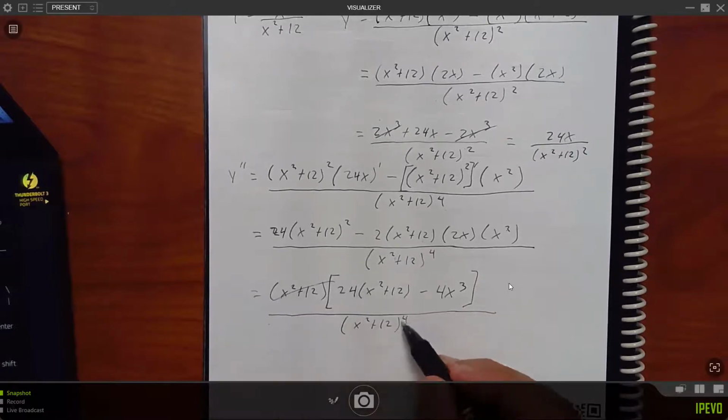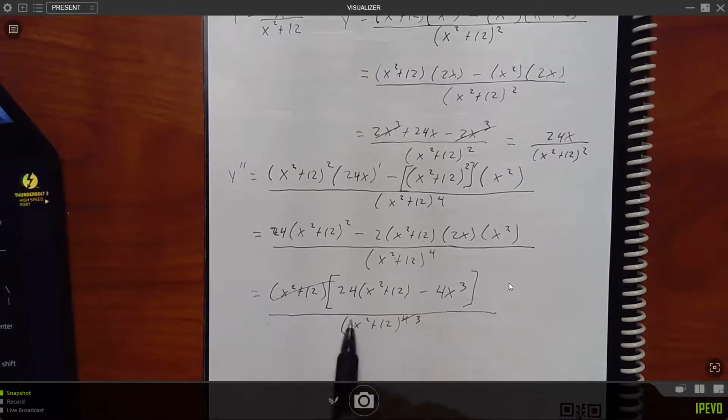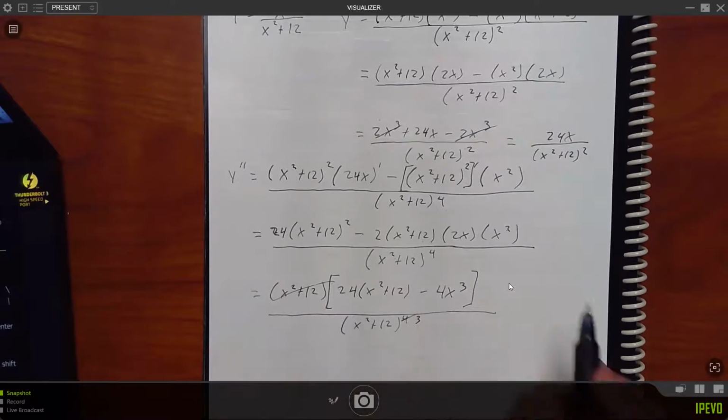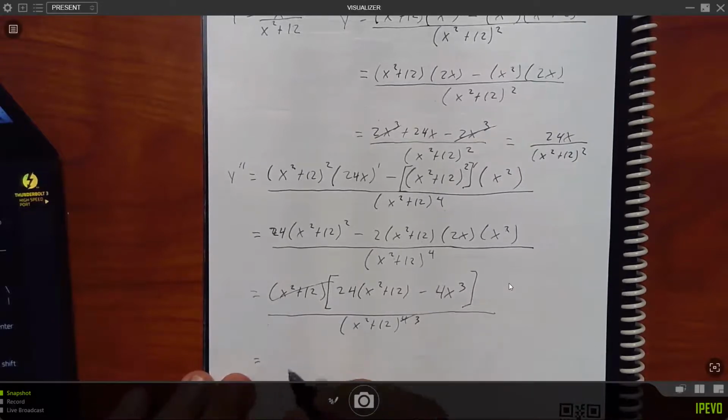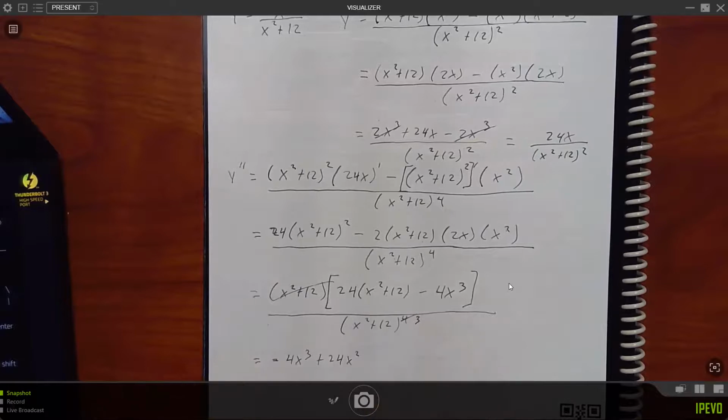This cancels one of them, so that's cool. So the derivative will finally be 4x cubed plus 24x squared plus 24 times 12, 288.